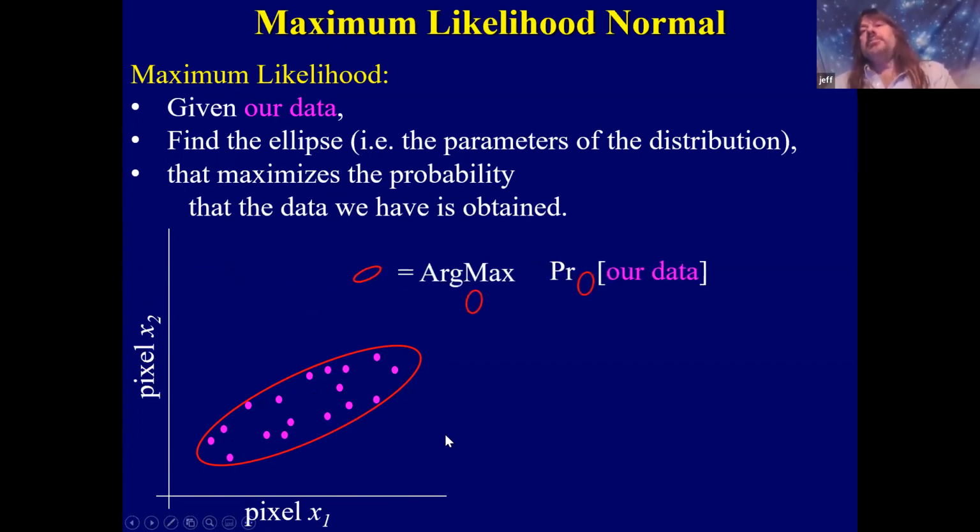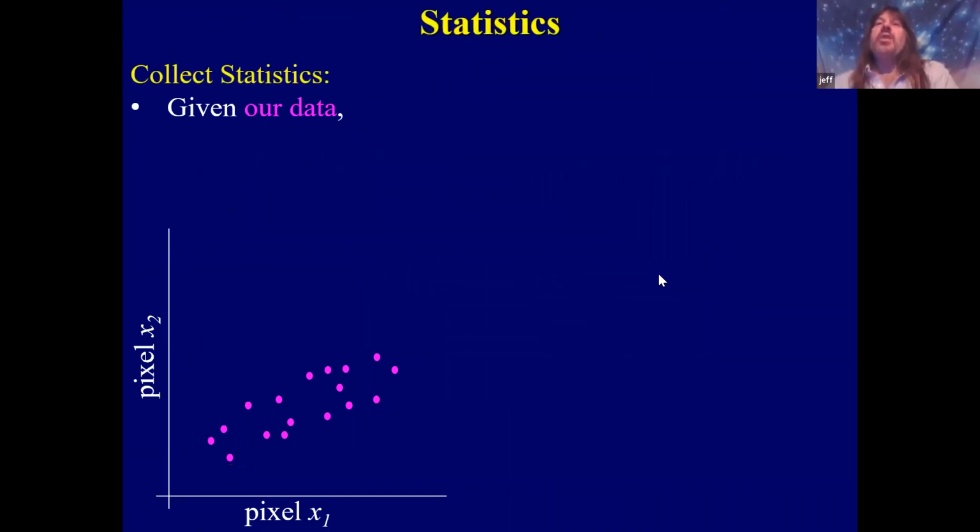So over all possible ellipses, give us the ellipse that maximizes the probability we get our data. Does that make sense? All right, everybody good with that? Okay.